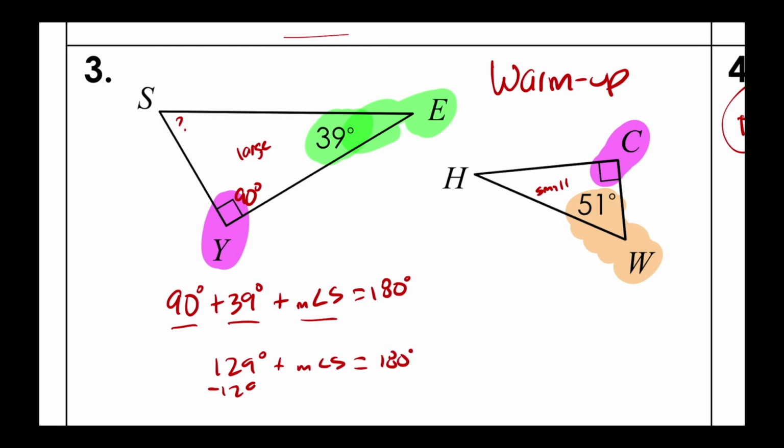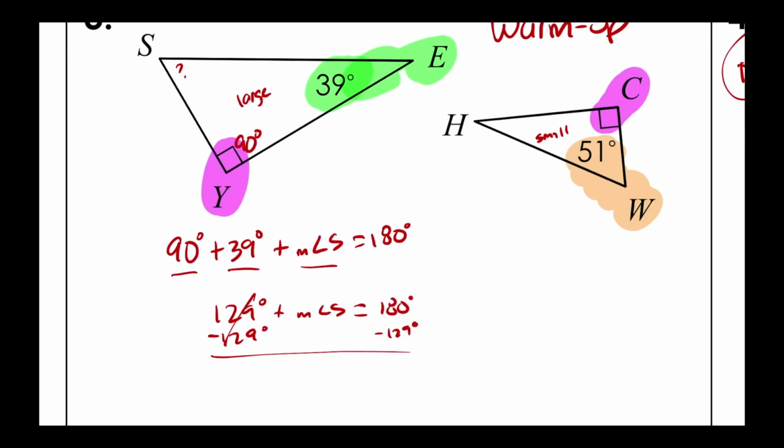Then I subtract 129 degrees from both sides, and I get the measure of angle S is 51 degrees. So this is 51 degrees, and I don't even have to find H.